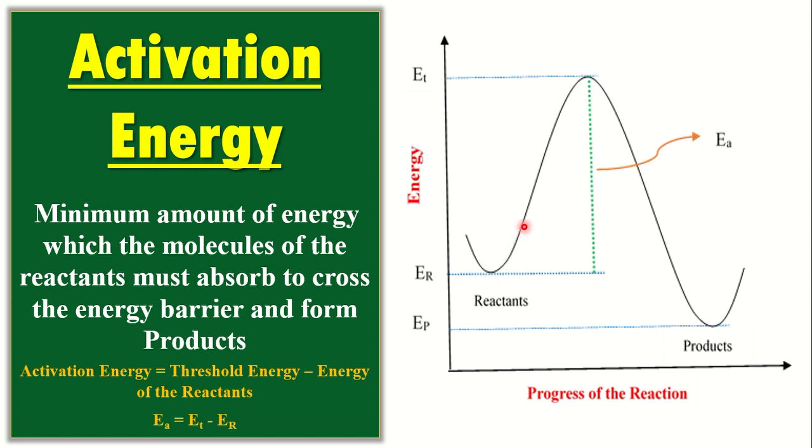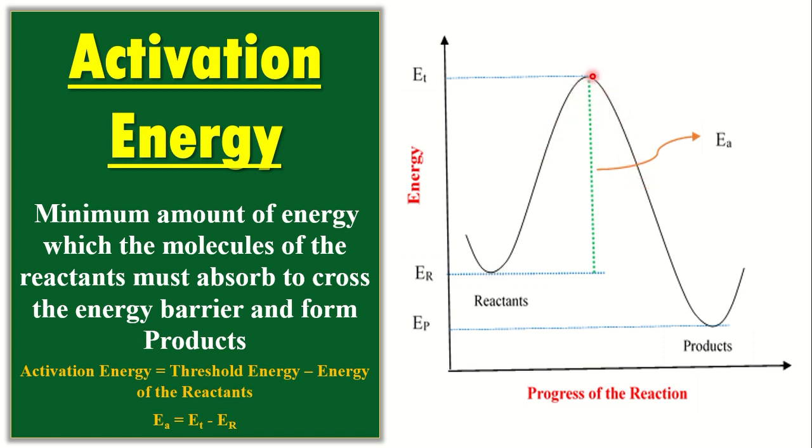And for this collision to be effective, they must cross this energy barrier. This highest energy barrier is termed threshold energy. And this is the minimum amount of energy which the reactant molecules must possess to carry out the reaction so that they can undergo collision effectively and form the products.